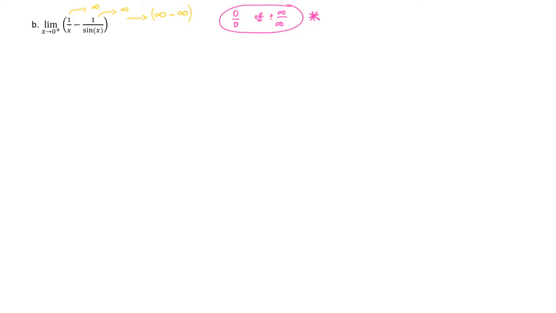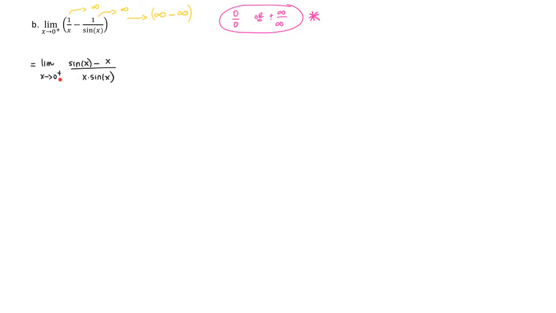So reworking the expression, this will be equal to the limit as x approaches 0 from the right. I'm going to get a common denominator, so I'm going to have x times the sine of x in the denominator. In the numerator, I am going to have sine x minus x. So now I'm going to try checking the limit one more time.